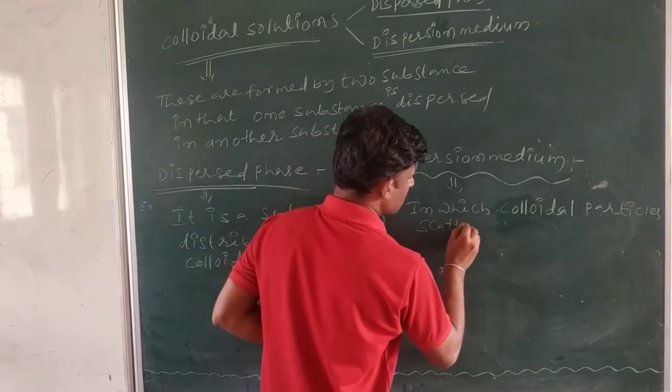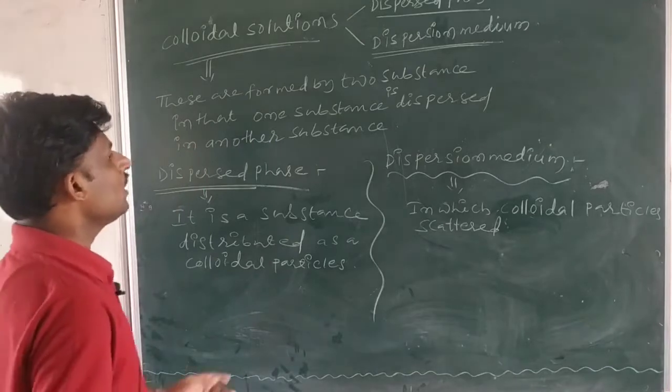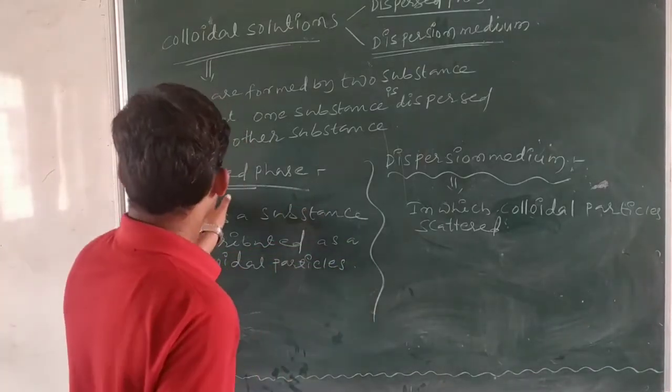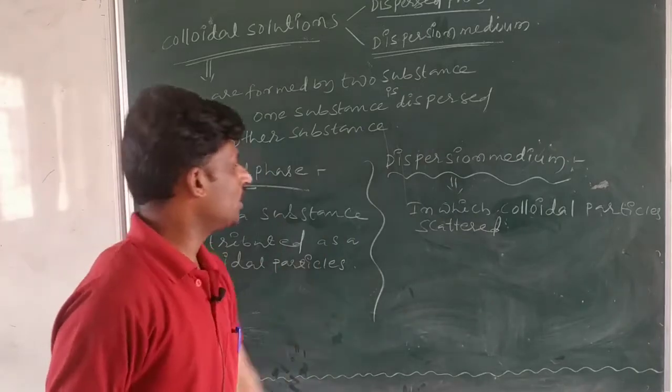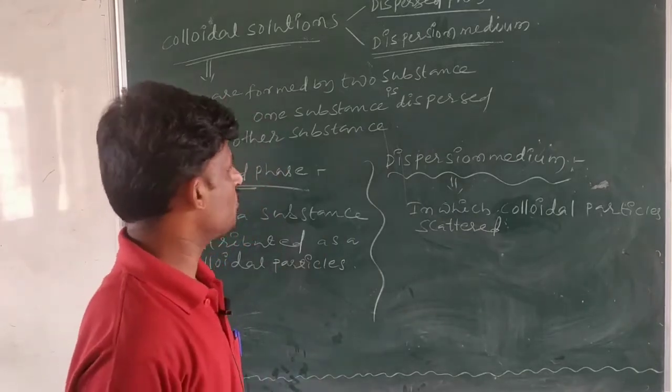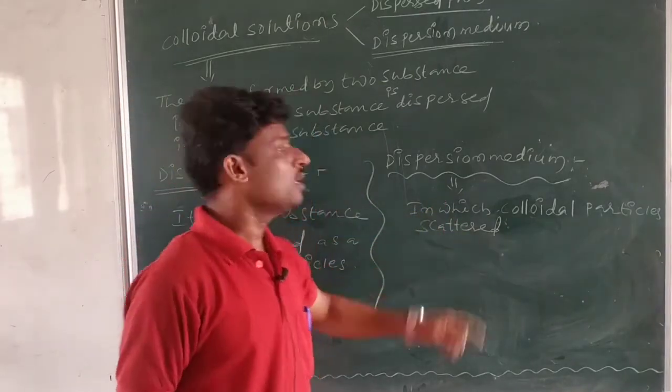So this is called the dispersion medium. What happens in a dispersion medium is that the dispersed phase particles are scattered or distributed. This is called the dispersed phase as well as the dispersion medium.